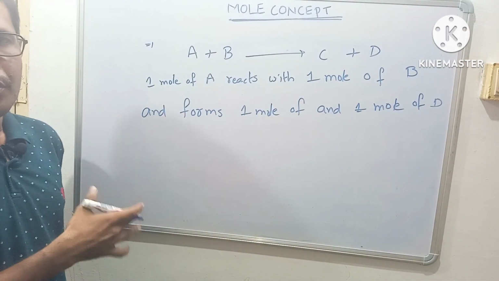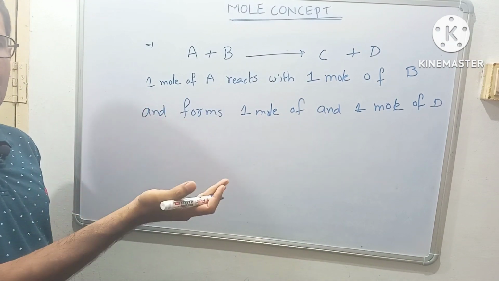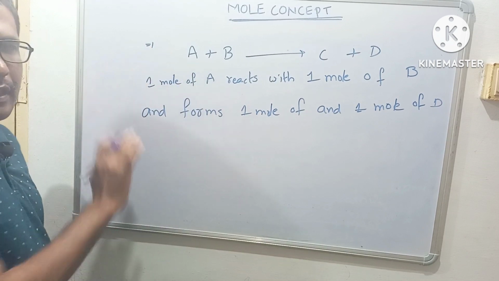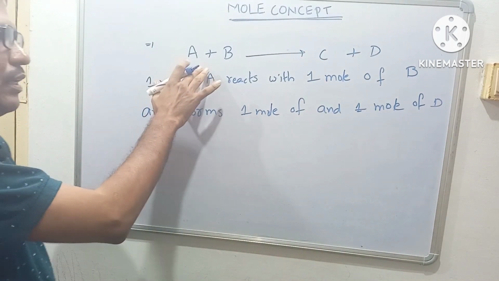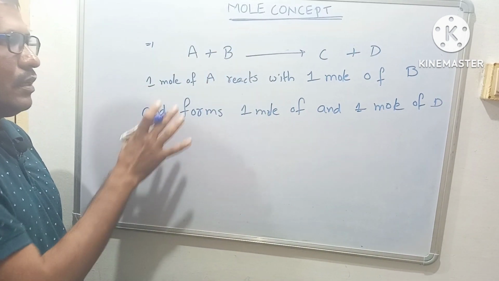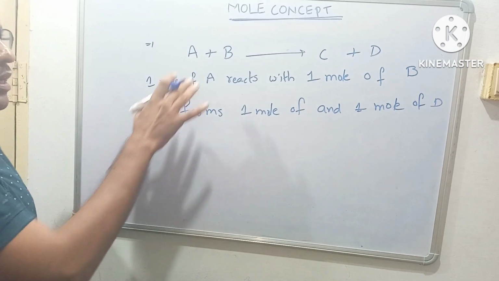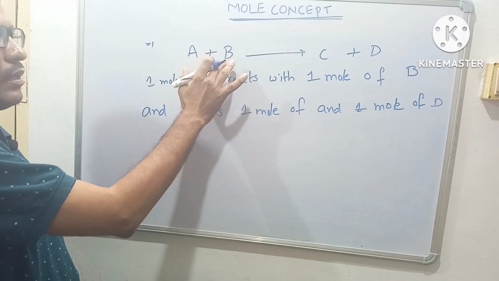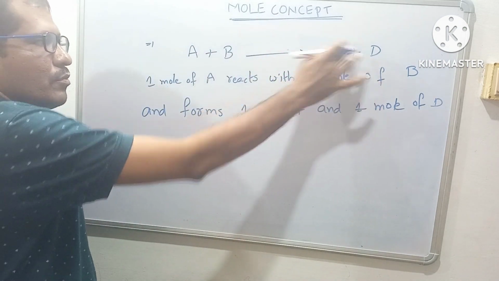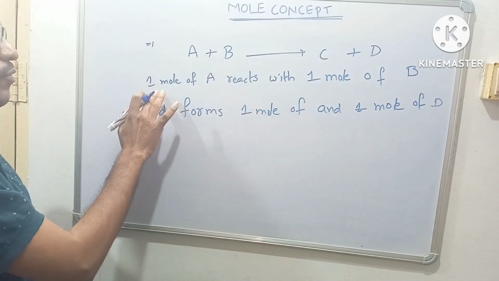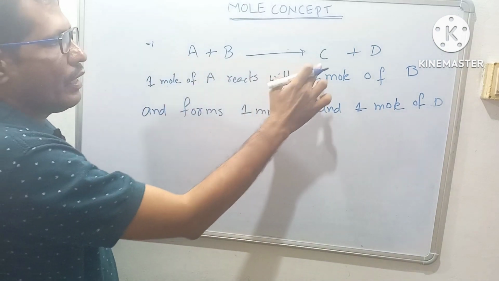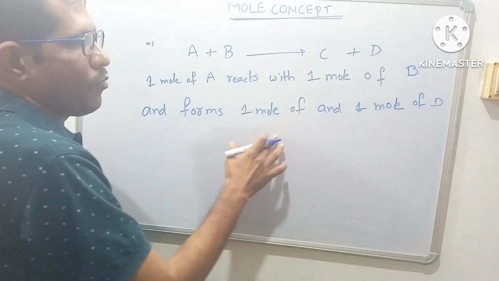Previously I showed you the conversions, mass to moles or mass to atoms or atoms to moles. Next, in stoichiometry, he will give the chemical equation like this. You need to decode this equation. If nothing is there, you need to assume there is 1. So you can write the equation: 1 mole of A reacts with 1 mole of B and gives 1 mole of C and 1 mole of D.